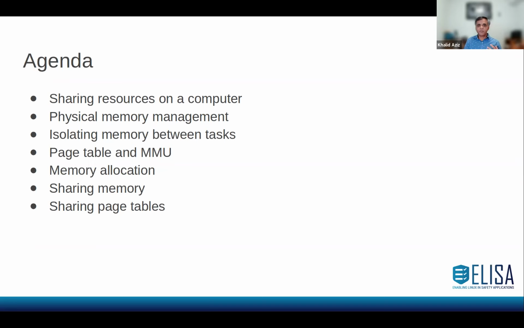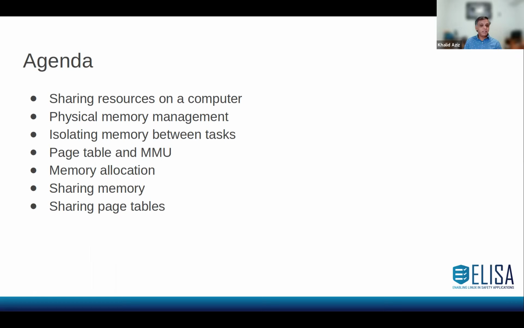So processes are safe from writing over each other or corrupting each other's data. In the process of managing this shared resource of memory across tasks, the kernel uses page tables. So we'll talk about what a page table is, how it gets used, how it ensures isolation across processes.